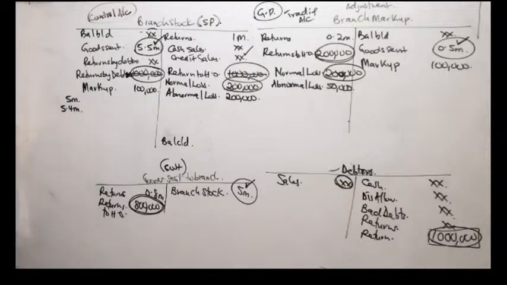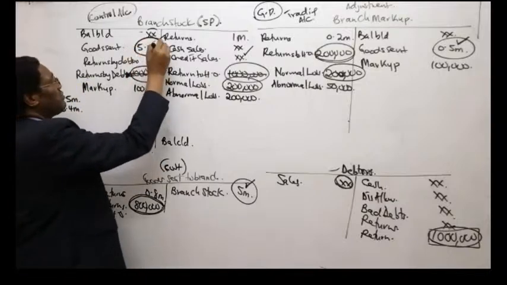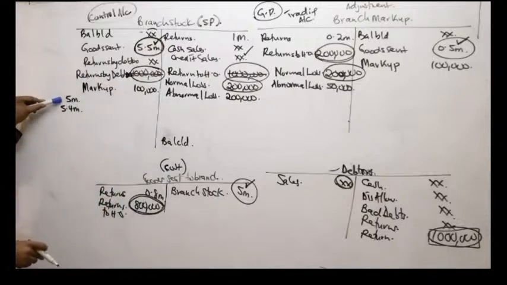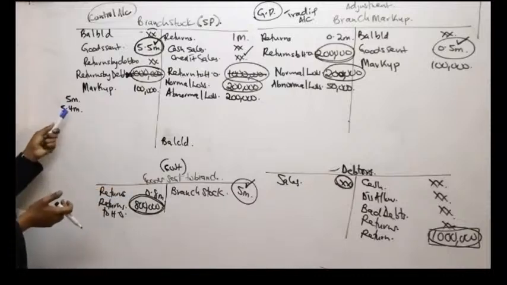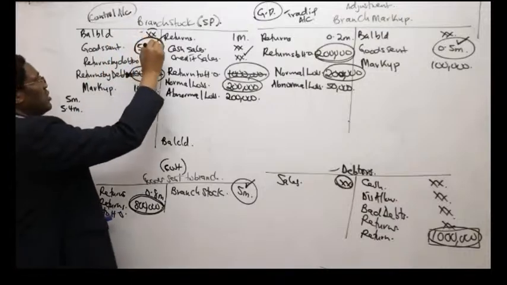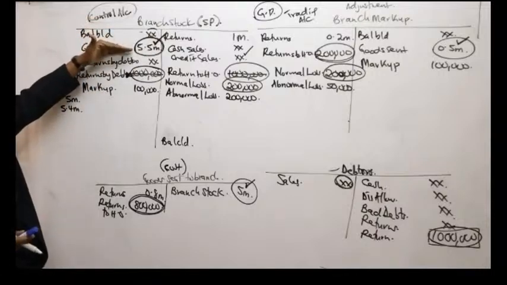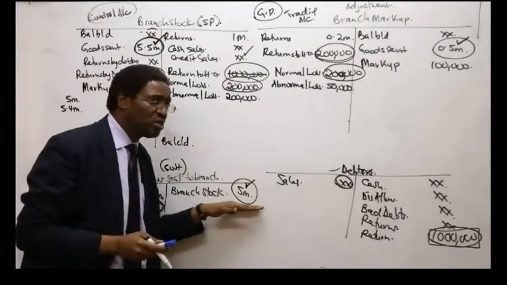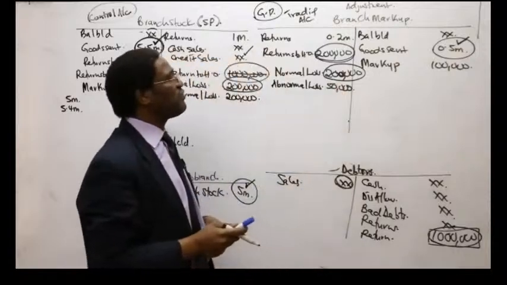But instead, you as head office invoice them at 5.5. So what double entry did you make? You debited branch stock with 5.5 million. You credited goods sent to branch at cost price 5 million. And you credited branch markup with a profit loading of 0.5 million.